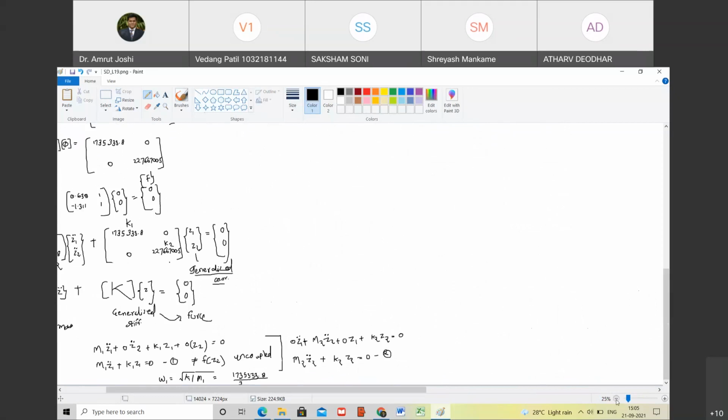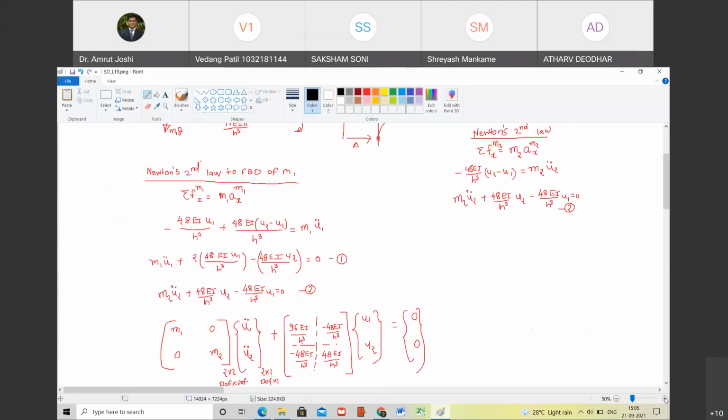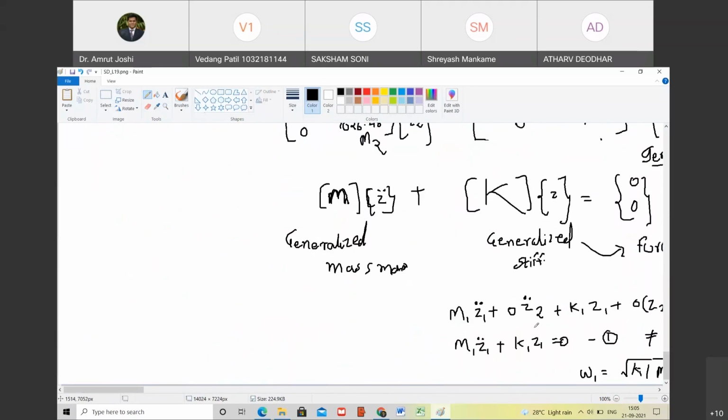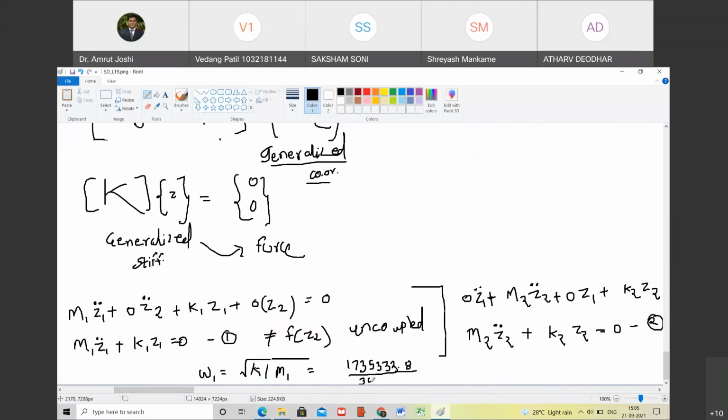M1 is 3419.37. So what is the square root of this ratio?